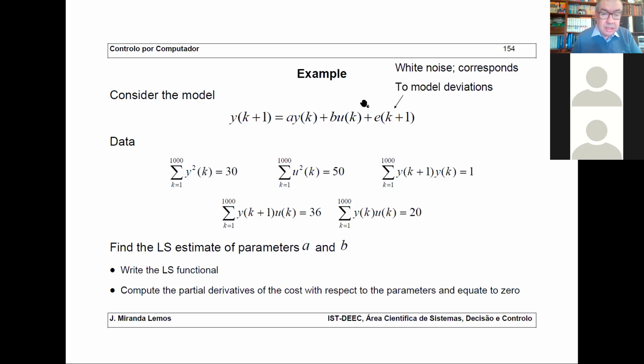This noise models things like stochastic disturbances that act on the system, or observation noise, so noise associated to sensors. It's lumped here in E. So what we expect is that E is small and random in the sense that it is uncorrelated.